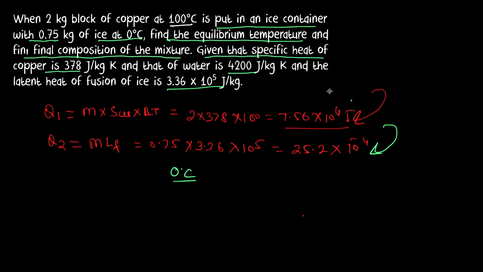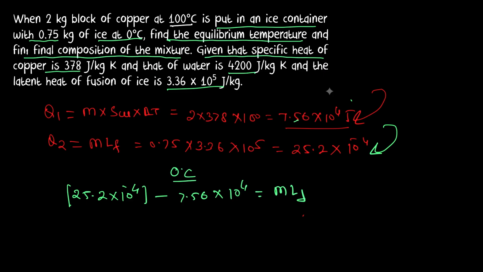Now, how much ice melted? So this much heat is needed to melt ice. So only this much ice will be melted, and what ice will be remaining? The required heat is 25.2 into 10 raised to 4, but how much heat did it get? 7.56 into 10 raised to 4, that is equal to M into LF.